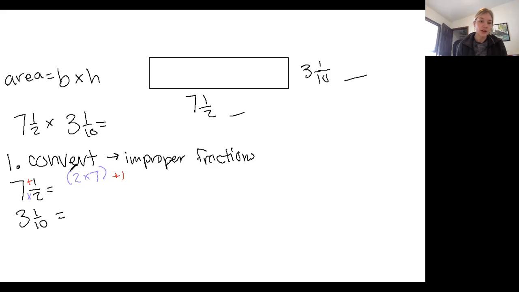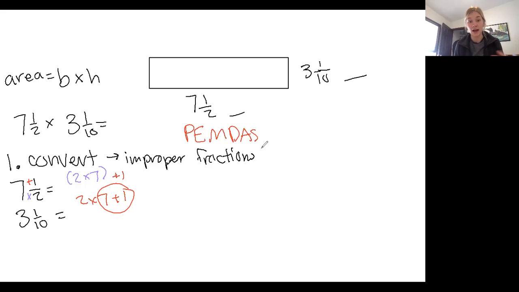I put these in parentheses, the 2 and the 7, because I want to make sure I do those together instead of writing out 2 times 7 plus 1. I might accidentally do 7 plus 1 times 2, which would not be 15, it would be 16. So I like to think of PEMDAS, which is the order of operations which we do things in math.